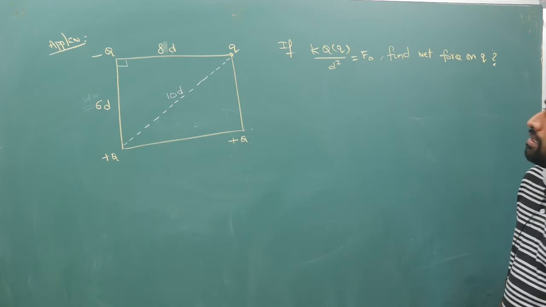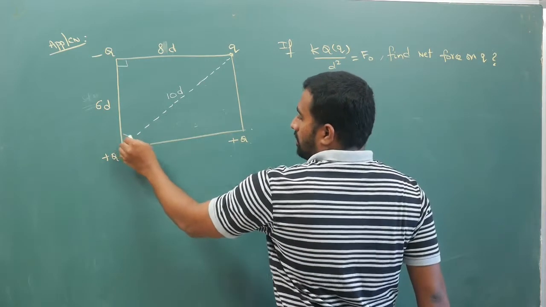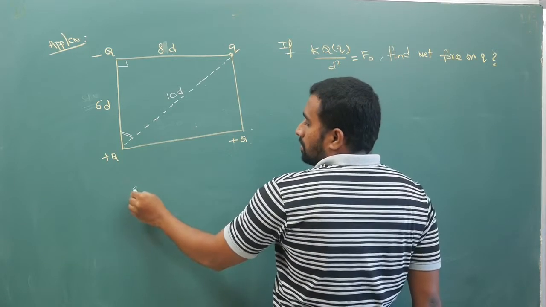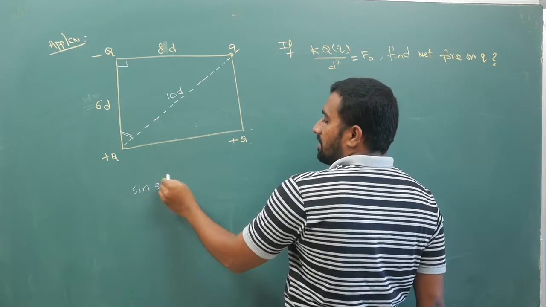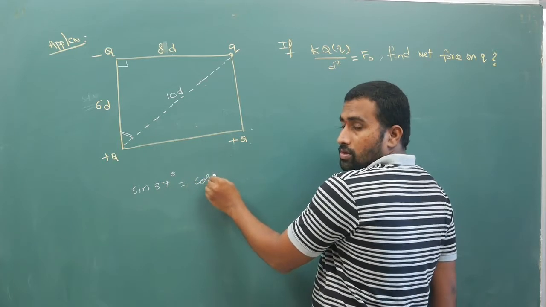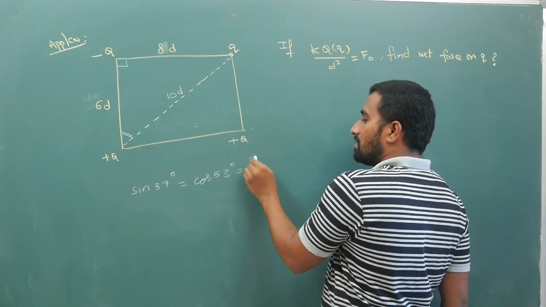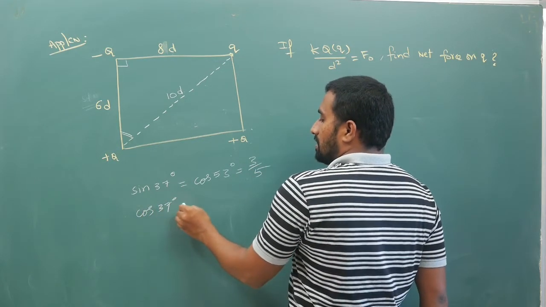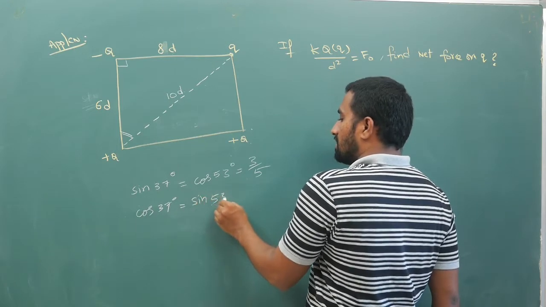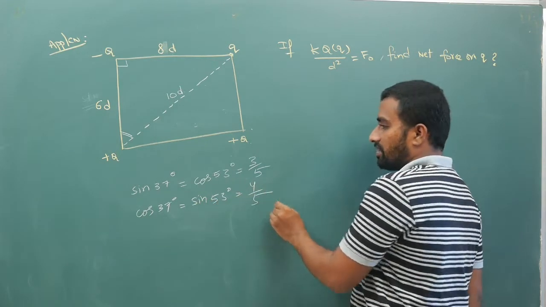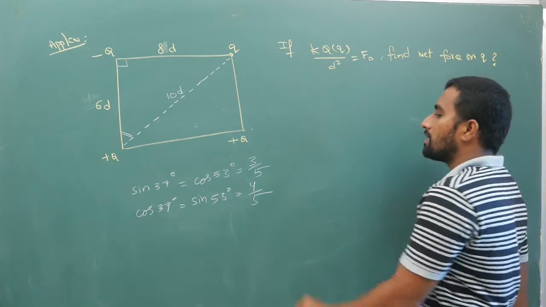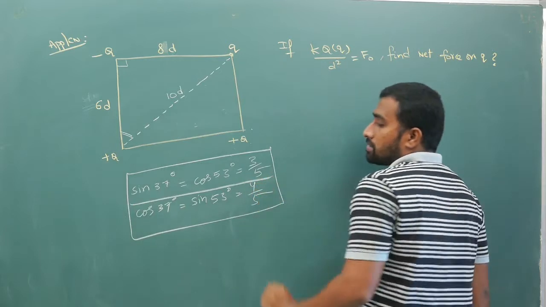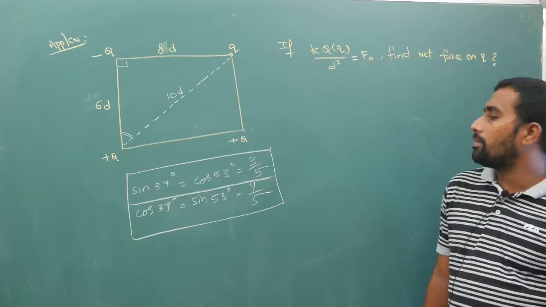Now if you are considering this angle, you must know sin 37 is equal to cos 53, that is equal to 3 by 5. Cos 37 is equal to sin 53, that is equal to 4 by 5. These are the values we commonly get.